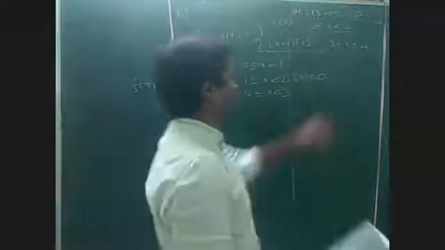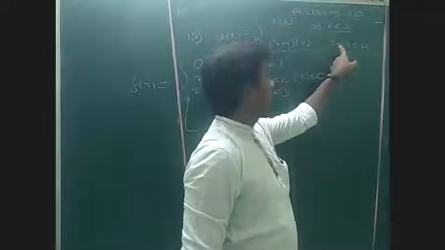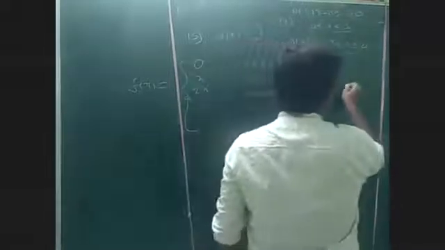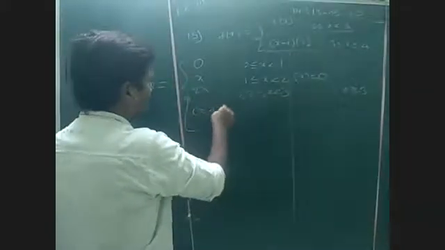Then what about the other case? Here also we get two values. When x is greater than or equal to 3, nothing but 3 up to 3.9, the value becomes 3. So (x minus 1) into 3.